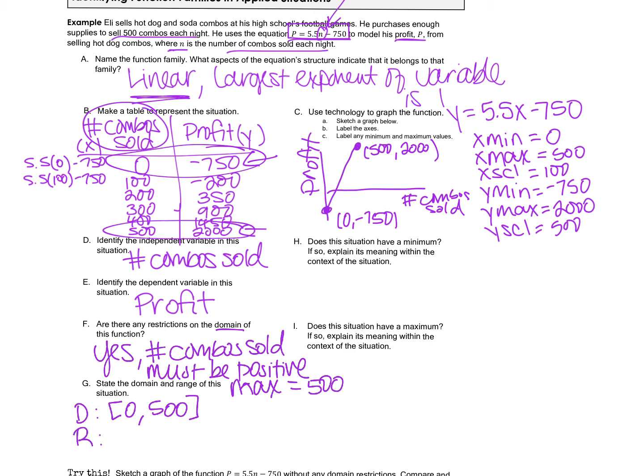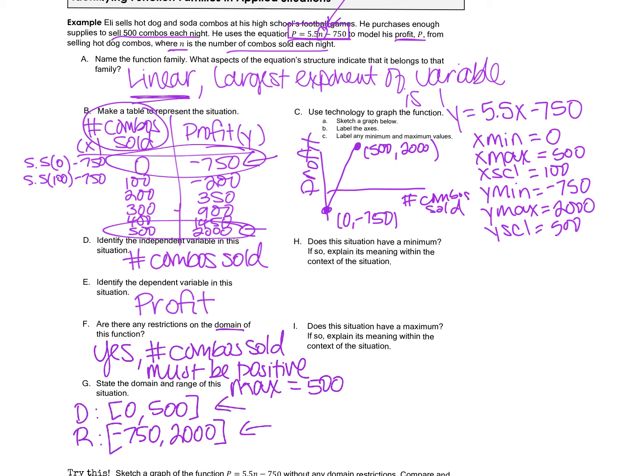So your range, the profit, the min was negative 750, the max was 2,000, and then we have brackets. Now, on this scenario here, we clearly know that we can't sell decimals or a portion of a combo. So in this case, we would not want to list out every number from 0 to 500. So just know here that these are only integers between those two, okay?